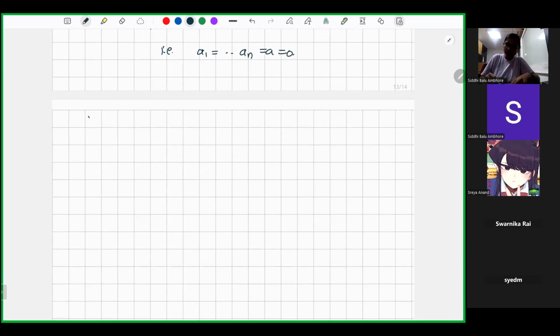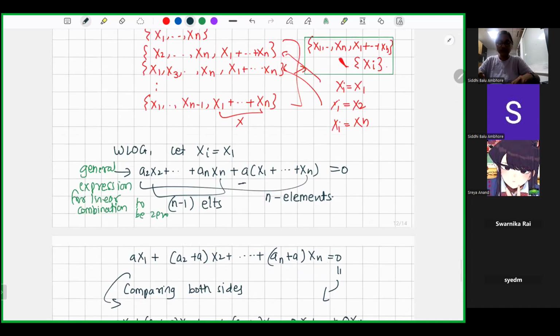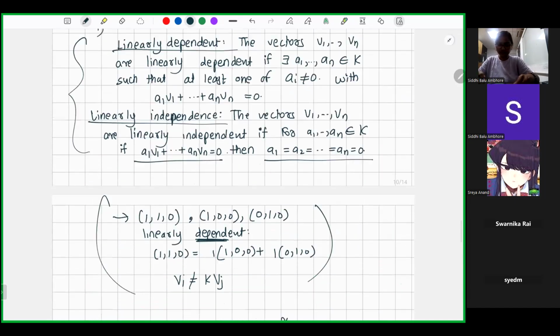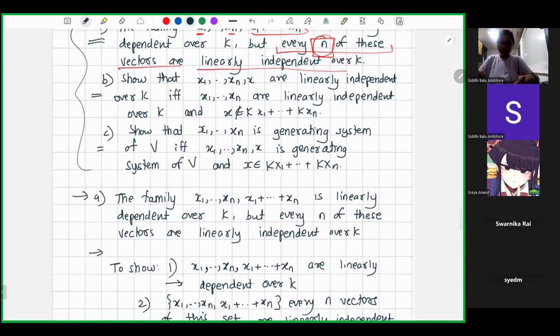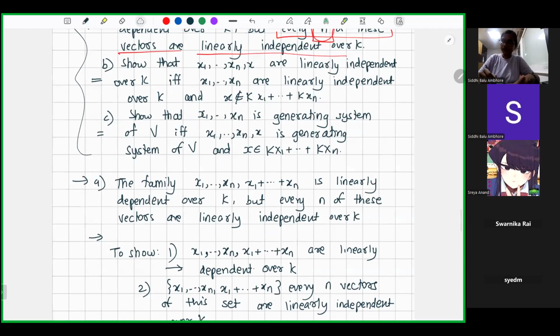Okay, and now the second part. Second part is what we discussed earlier for this question, let me just copy it from here. If there are any doubts, please let me know.